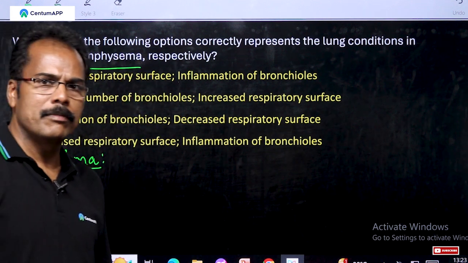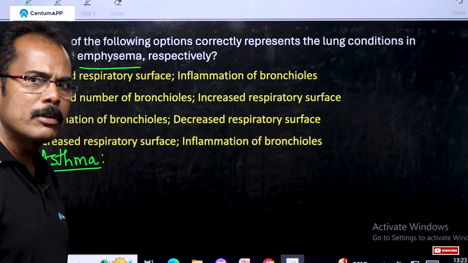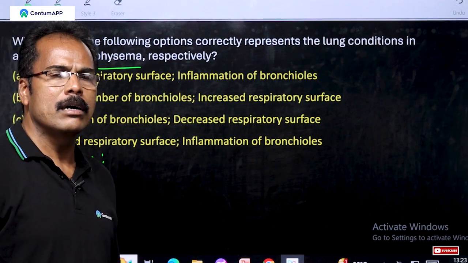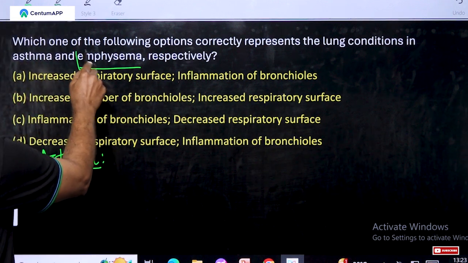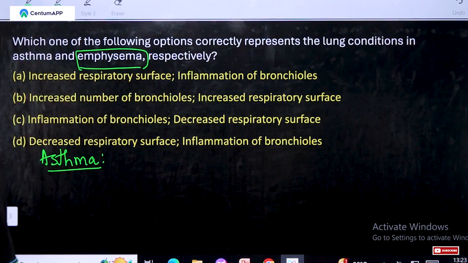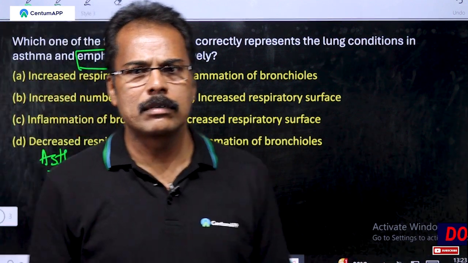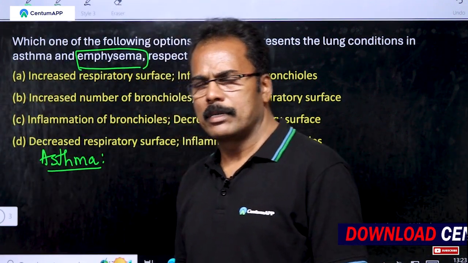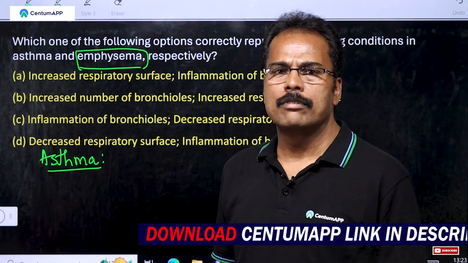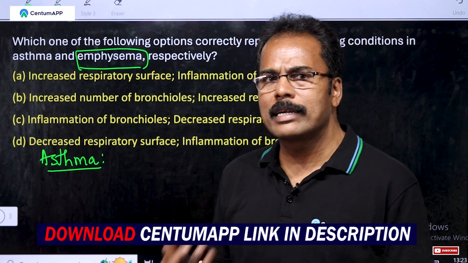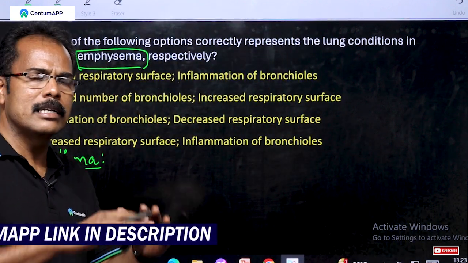Emphysema is the damage to the bronchioles as well as the alveoli. In emphysema, the bronchiolar and alveolar walls collapse and thickened connective tissue develops, so respiratory gas exchange is decreased.